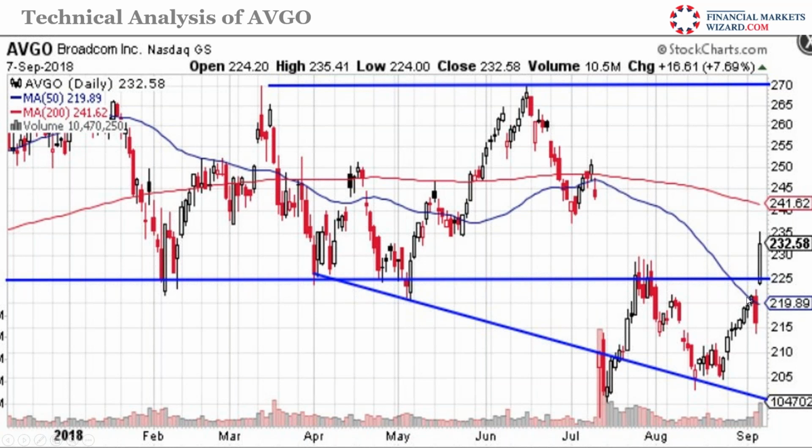I'm just stalking it, and on one hand I have a spread, but on the other hand I want it to come down to the 225 level. I'm expecting that it comes down to 225, and then I want AVGO to sit here at 225.